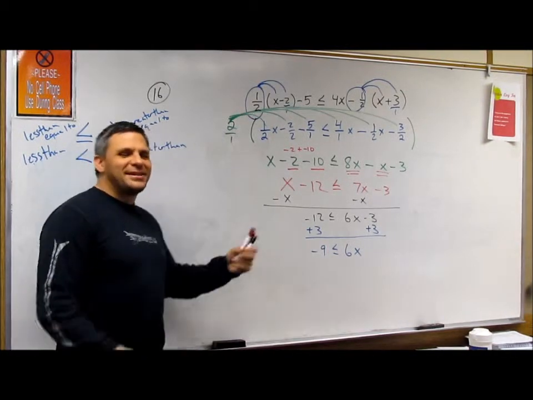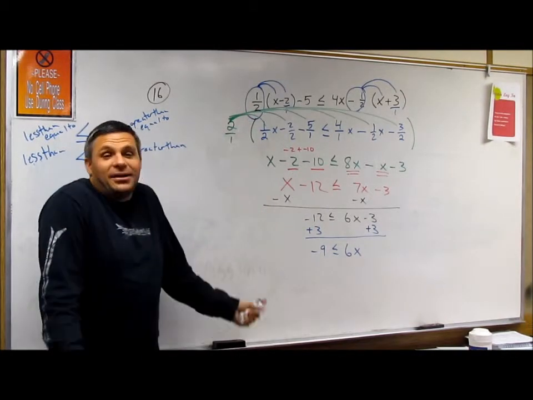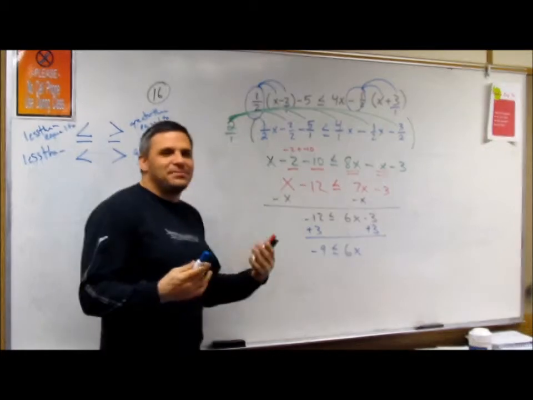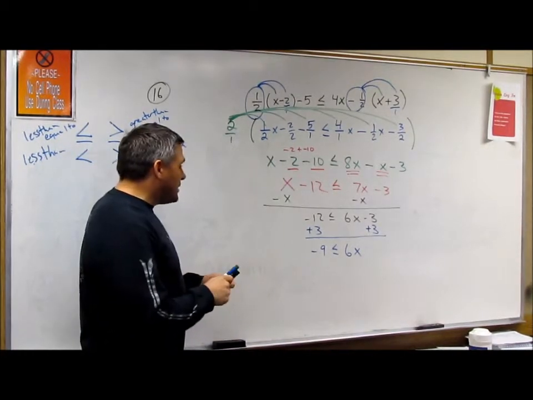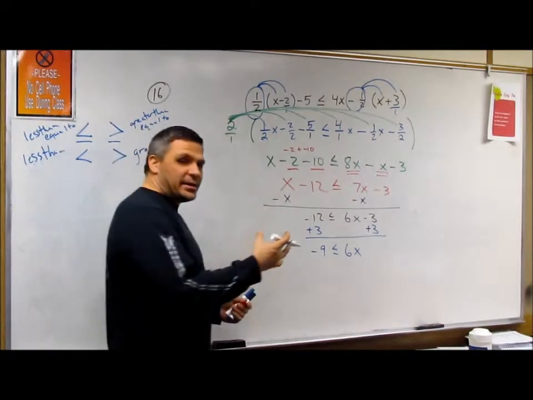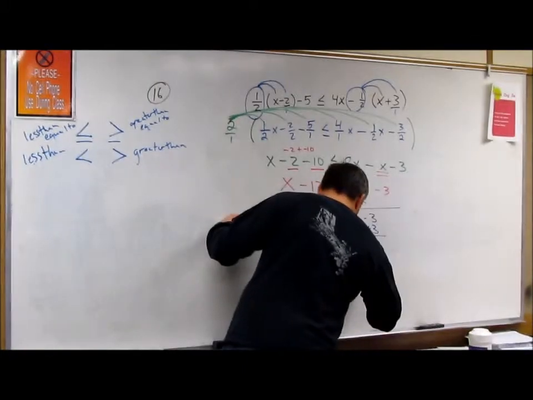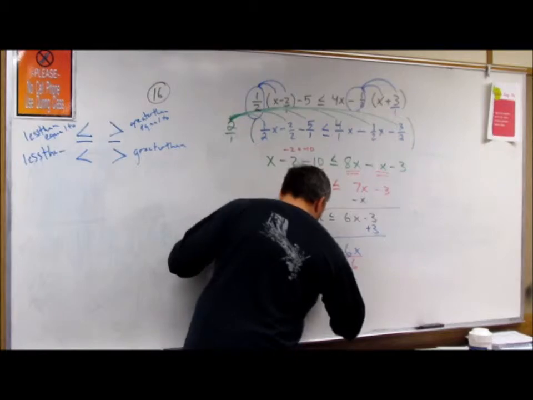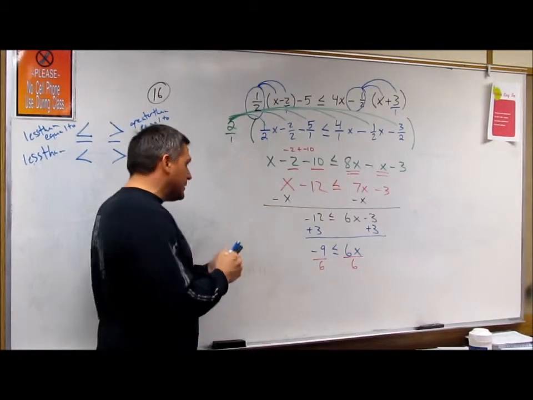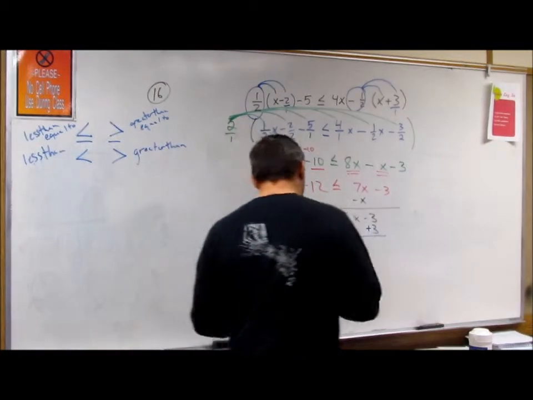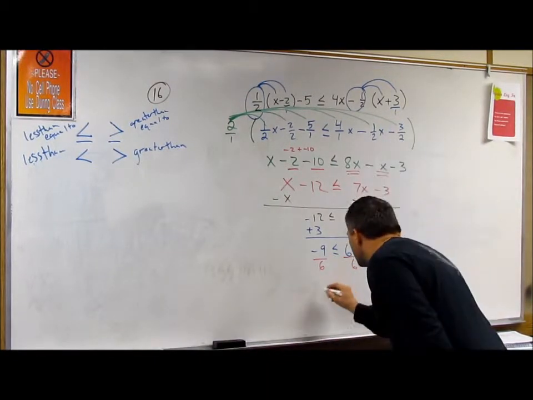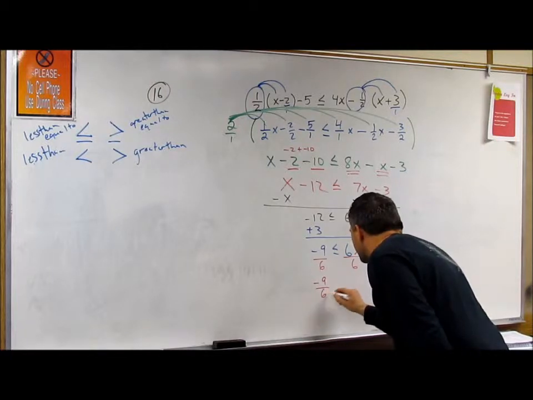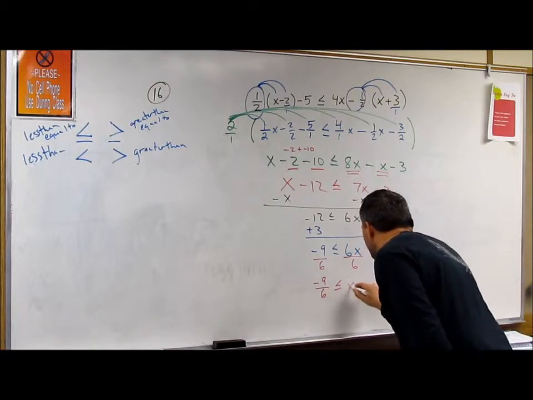And now I come back to that whole fraction thing. But now I don't care that it's a fraction, because it's in my answer. So, and this is that part where I solve for x. So I divide by 6, and I get negative 9 over 6 is less than or equal to x.